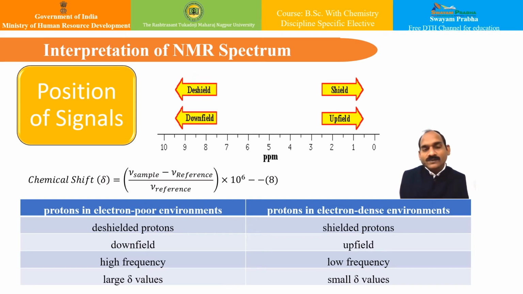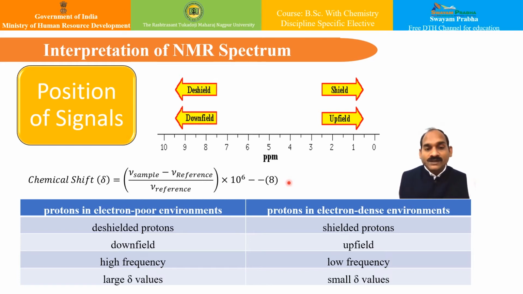So let us now try to interpret the NMR spectrum. To interpret the NMR spectrum, we need to know several things. There are certain effects like the shielding effect and de-shielding effect, which are based on the position at which the signals are present, whether they are shifted to some other place, whether the particular proton is shielded due to some effect, or whether it is de-shielded due to some other effect.